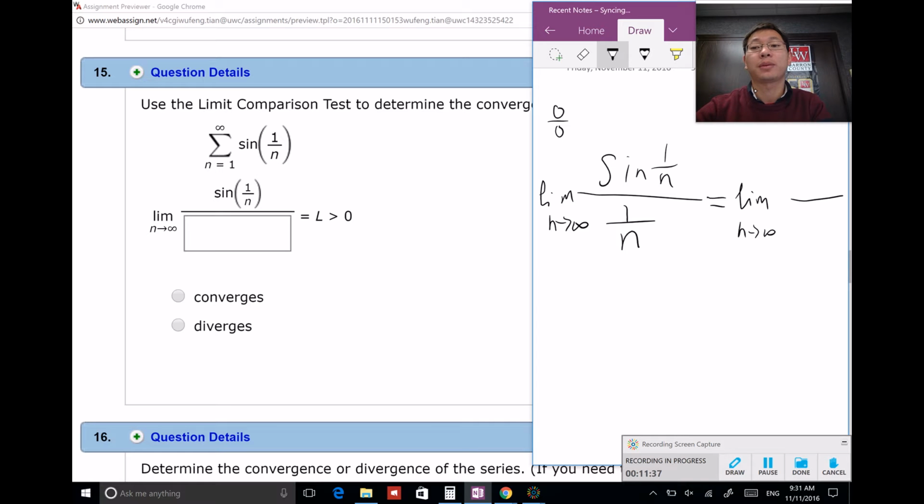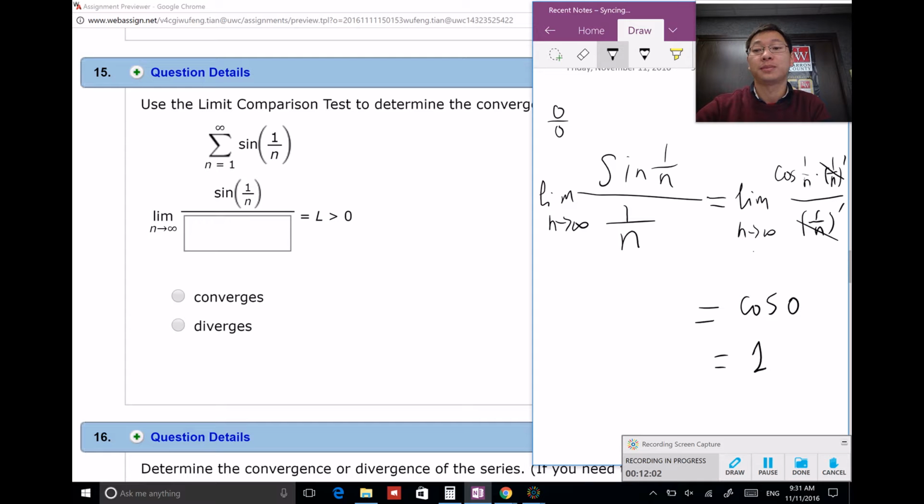For this one, I'm going to take the derivative: cosine of 1 over n times the derivative of 1 over n. Make sense, everyone? Then for the bottom, I take the derivative, so it's the derivative of 1 over n as well, because that's L'Hopital's rule. These two cancel out. Now as n goes to infinity, this goes to cosine 0.